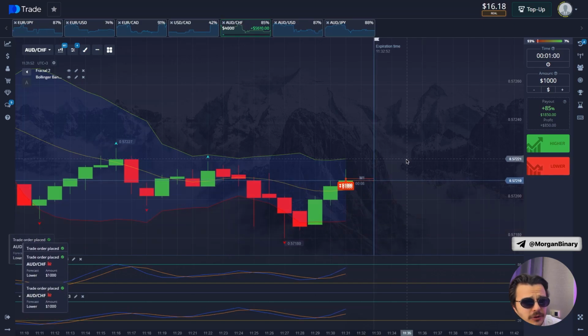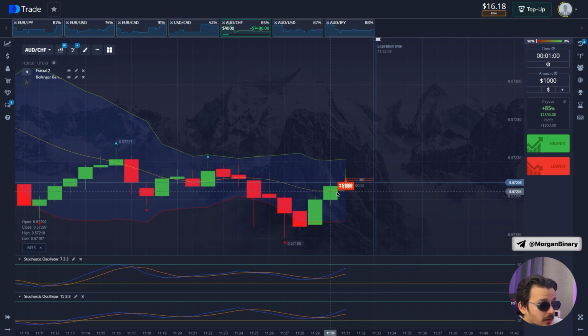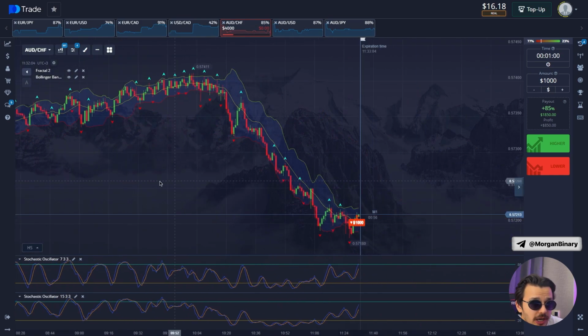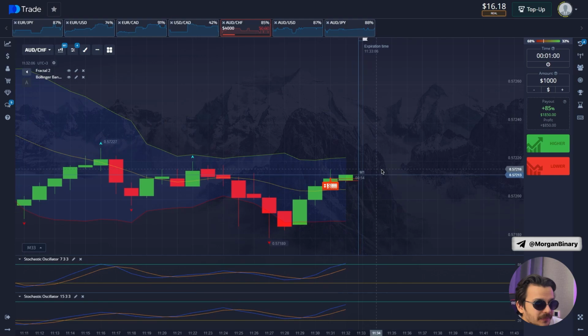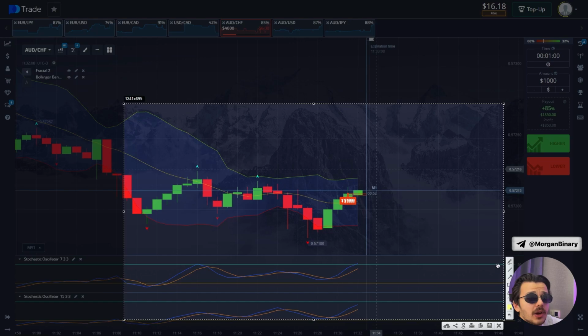Let's open down trades here. We have a breakdown of the moving average here. But we are opening on the downside. We have a very strong trend right now. And in general, we need to emphasize good touch points here.